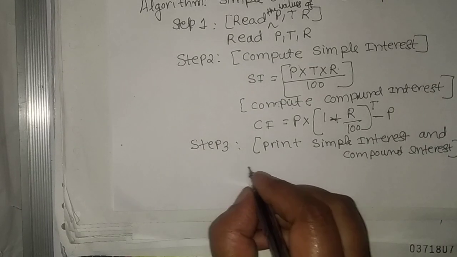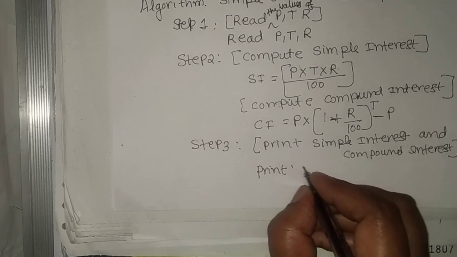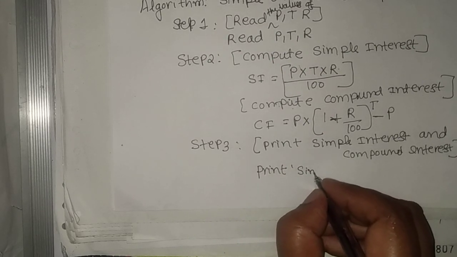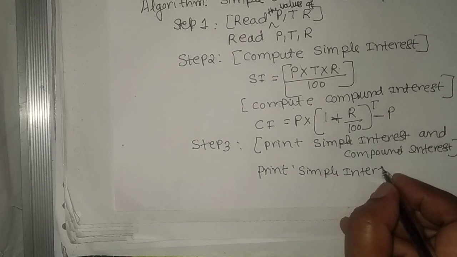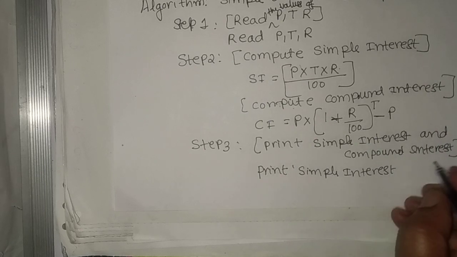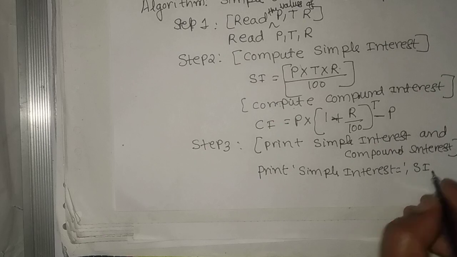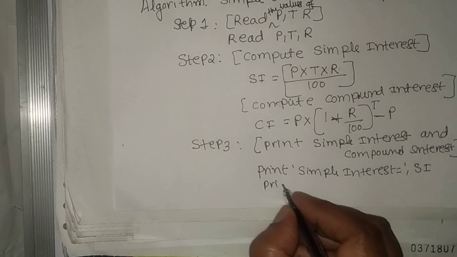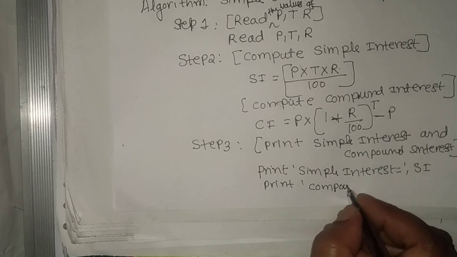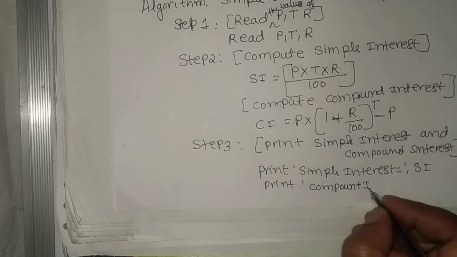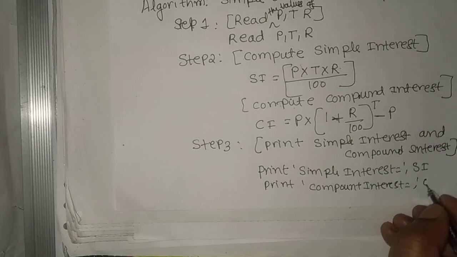For this, the print statement, print, again single quote, simple interest, then SI, again print compound interest, then CI.